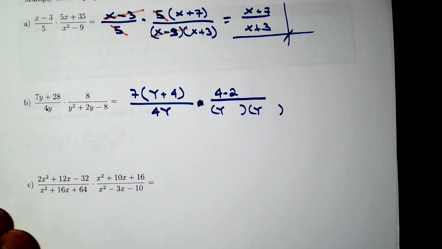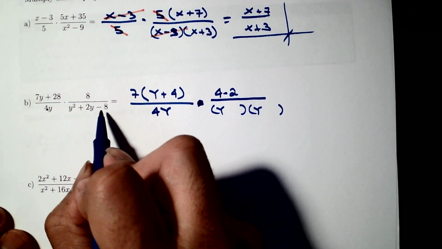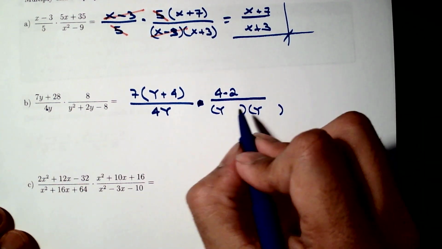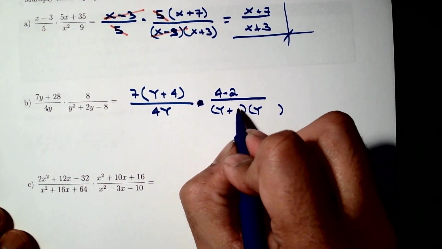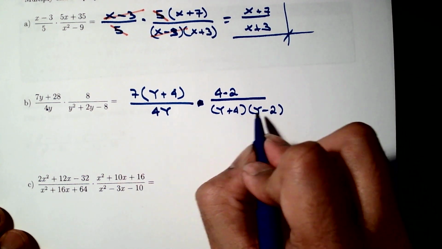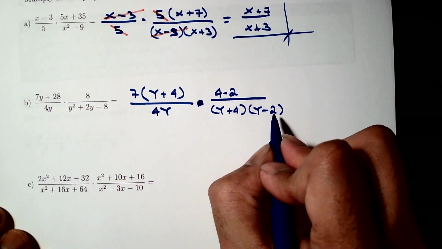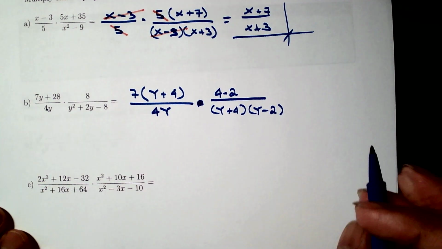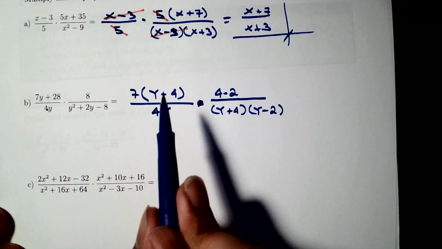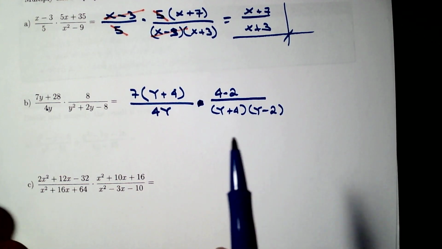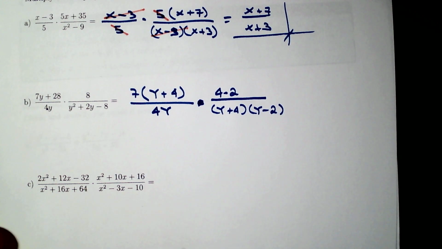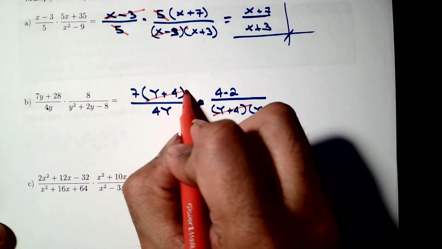All right. That's negative 8, factors of negative 8 that add up to 2. So in this case, plus 4 and minus 2, because 4 times negative 2 is negative 8, and 4 minus 2 equals positive 2. And in this case, because we already have everything factored out, we are ready to divide out common factors.